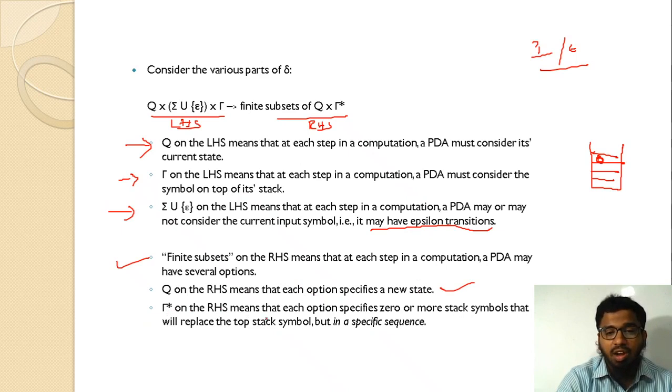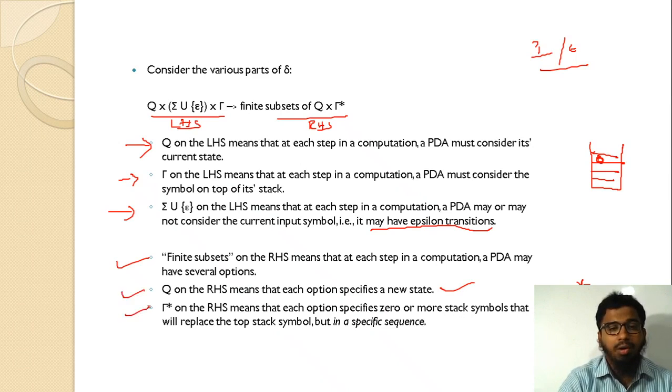Tau star on the right means that each option specifies 0 or more stack symbols that will replace the top stack symbol, in a specific sequence. As you know, whenever we have a star it means 0 or more. Okay, the stack symbols that are available in the stack will be replaced in the form of a sequence. Clear?